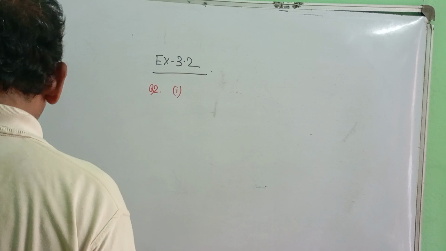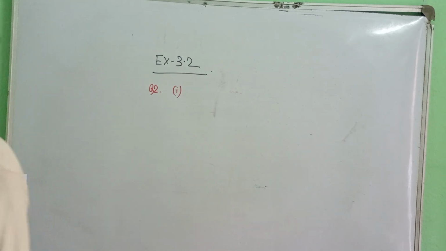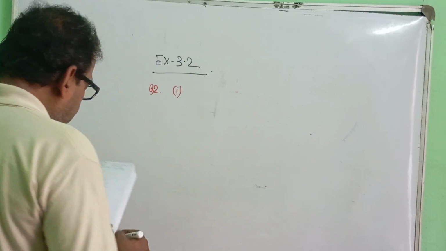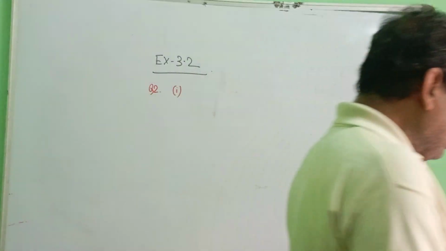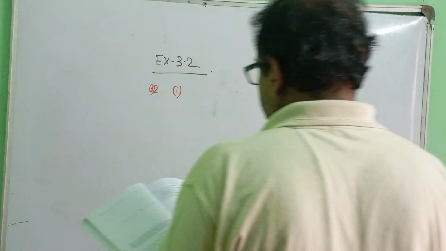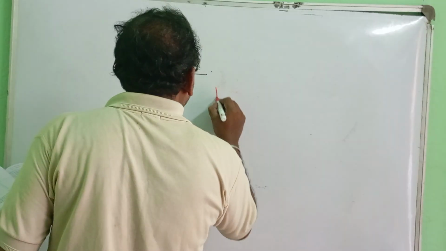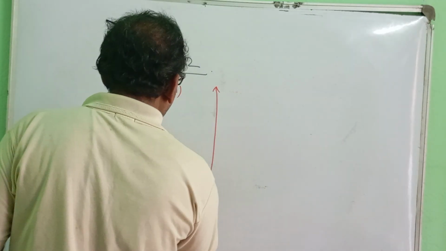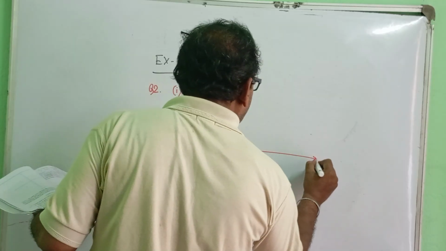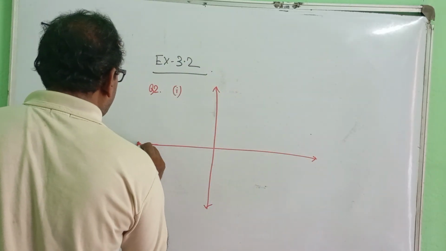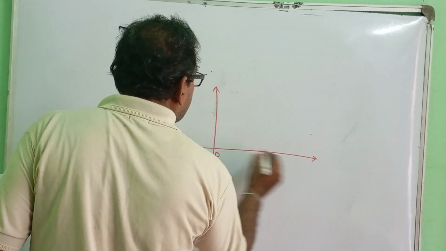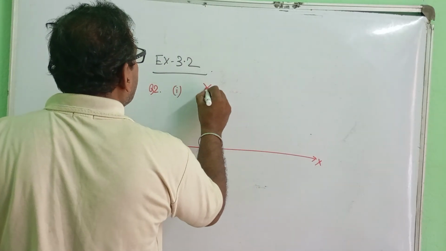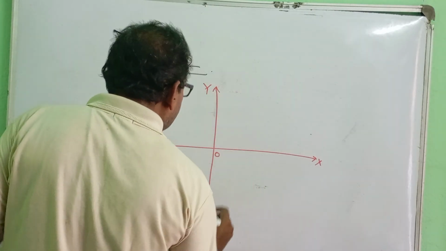They are asking about the position of B. Now I have to write down this portion. This is x, O, x dash, y, O, y dash.